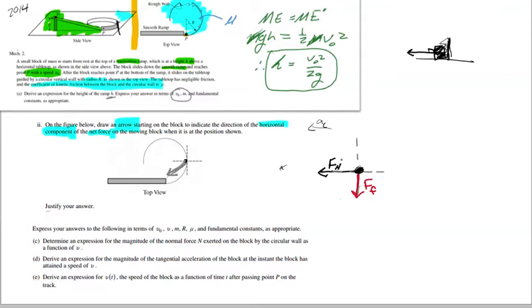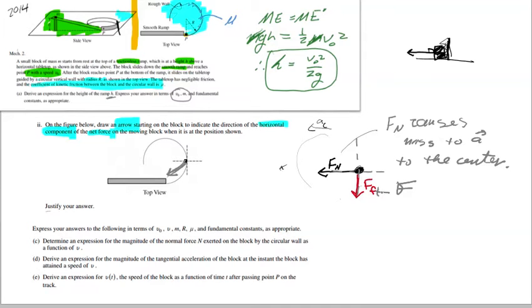For your justification, I would actually draw this for my justification. I'd be like, Fn causes mass to accelerate to the center. F, force of friction.